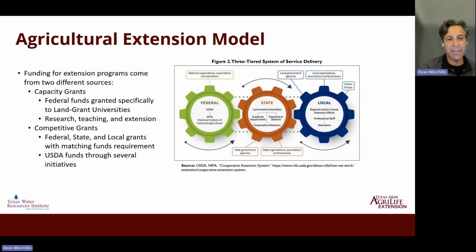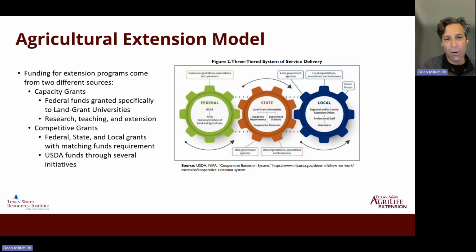Funding for extension comes from two different aspects. As you can see, a little graphic there from USDA. We have federal funds that flow down into state funds and then into more or less local funds. So we have capacity grants and competitive grants.